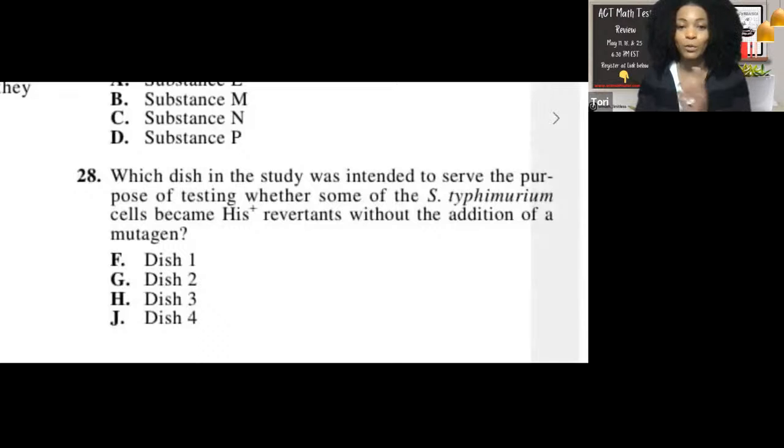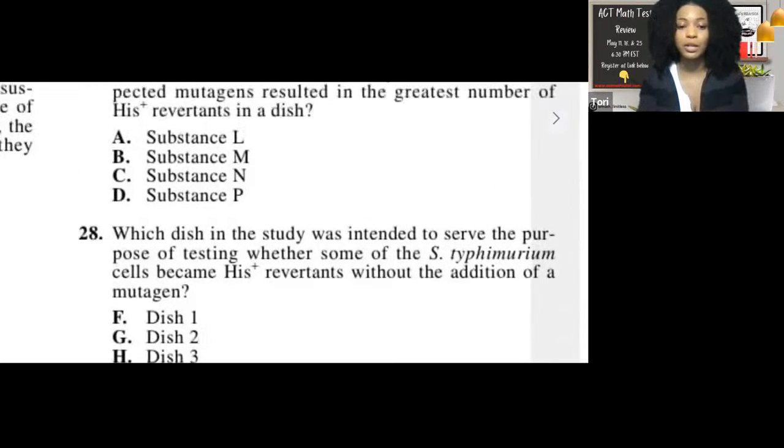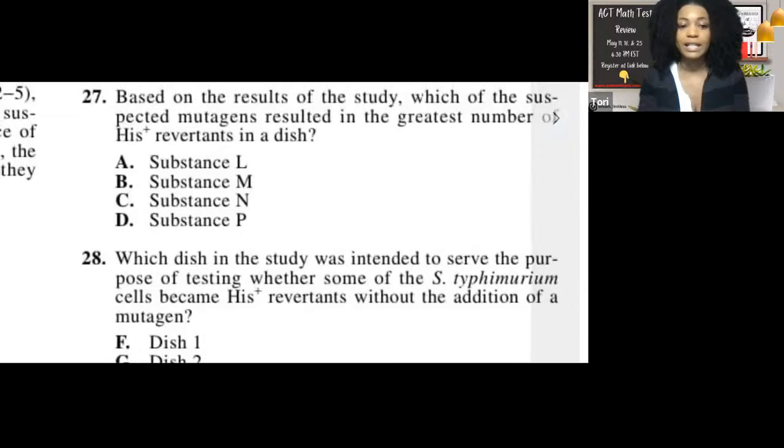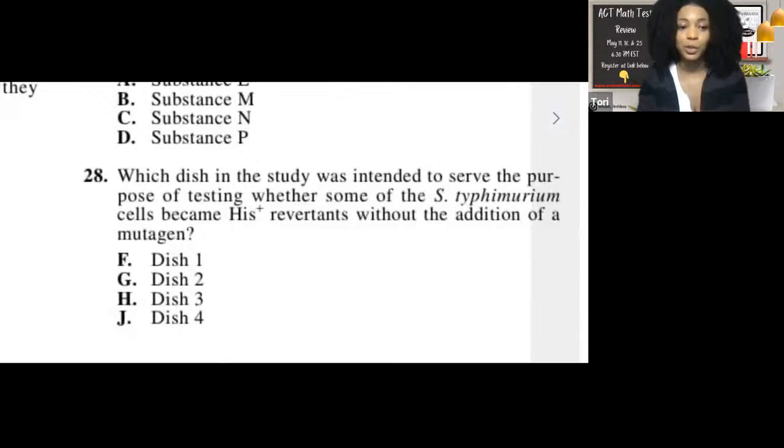Okay. What dish was that? That was the control dish, right? So there's nothing to look up on this one. This is one of those rare questions that does have a little bit of, do you know the science? Do you know the scientific process? And so yeah, the answer to this one is F, dish 1.